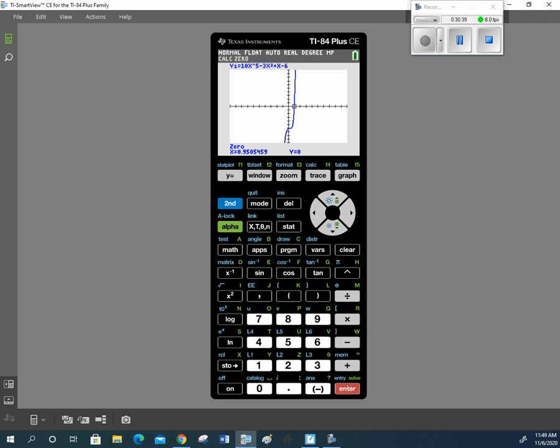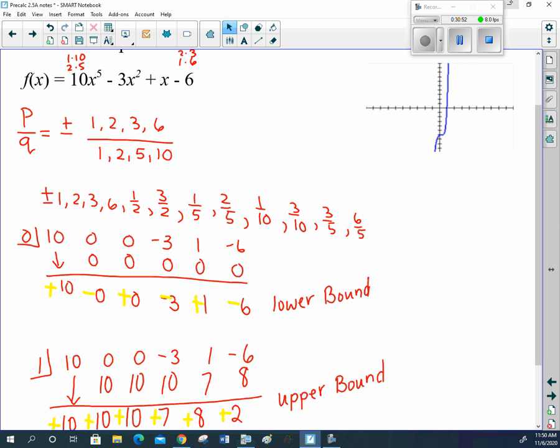So 0.95. That's probably an irrational zero, because that's not any of our fractions, right? Okay, so there we go. But all of our zeros are between 0 and 1, and it's 0.95. So this was x equals 0.95. So it's probably an irrational zero.